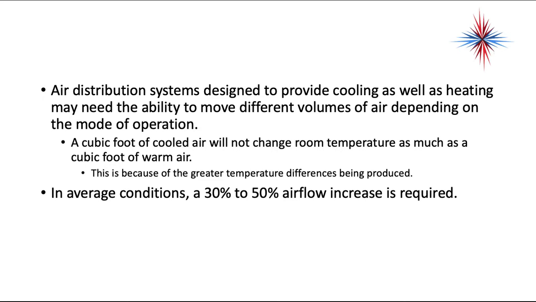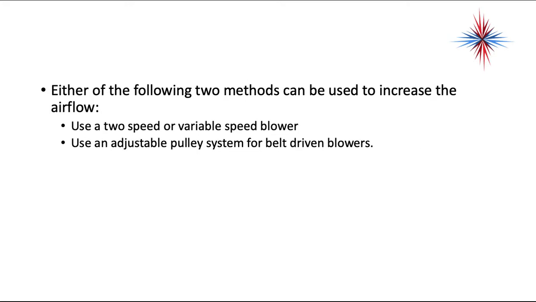A cubic foot of cooled air will not change the room temperature as much as a cubic foot of warm air. This is because the greater temperature difference is being produced. In average conditions, a 30 to 50% airflow increase is required between heating and cooling modes. Either of the following two methods can be used to increase the airflow.